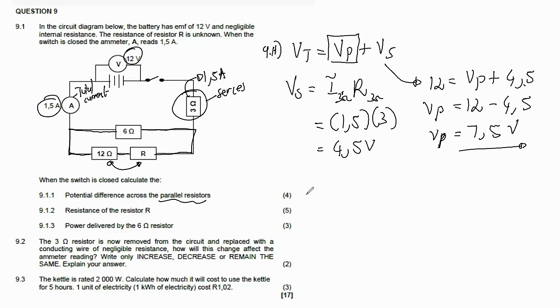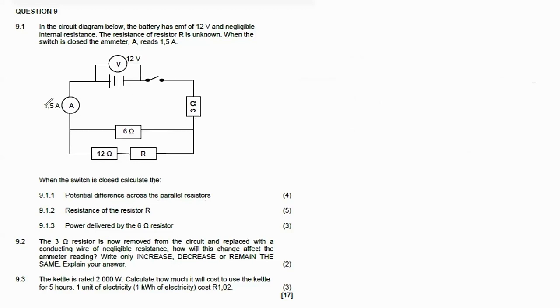Then 9.1.2 says, now calculate the resistance of resistor R, right? How would we calculate the resistance of resistor R? Looking at this, we can see that using the total current and also the V total, we can figure out the total resistance of the whole circuit.